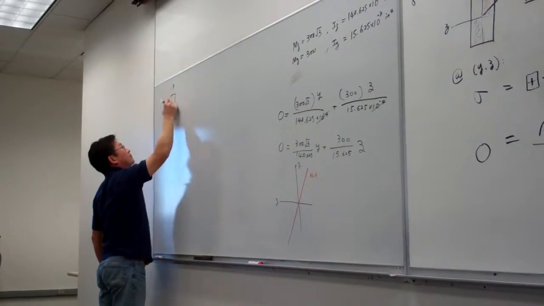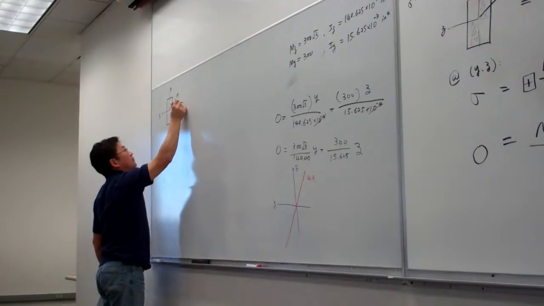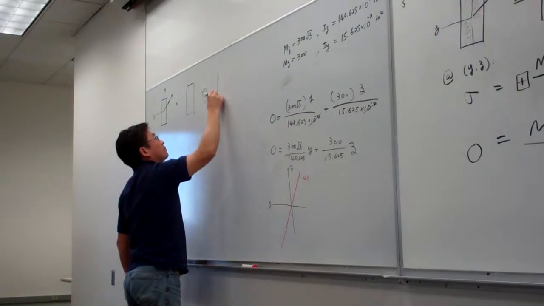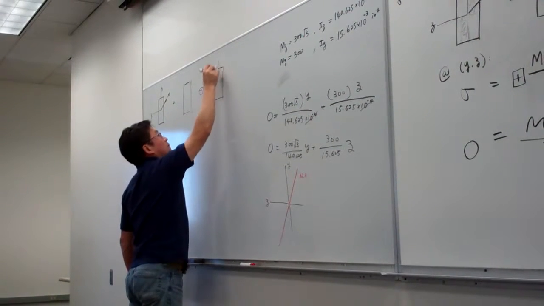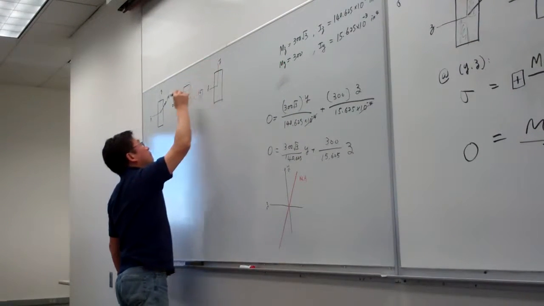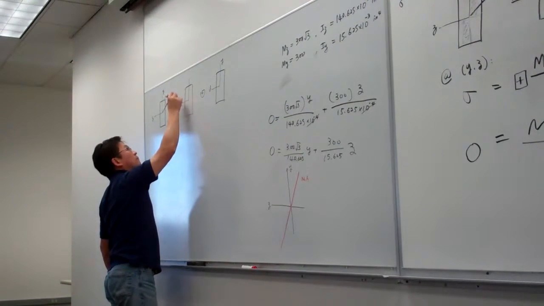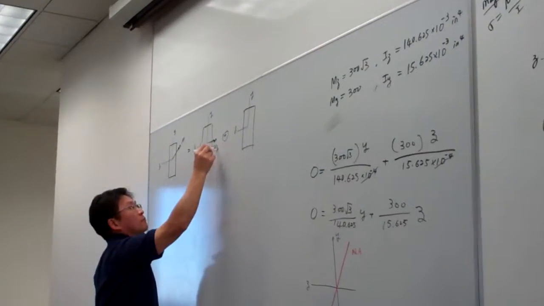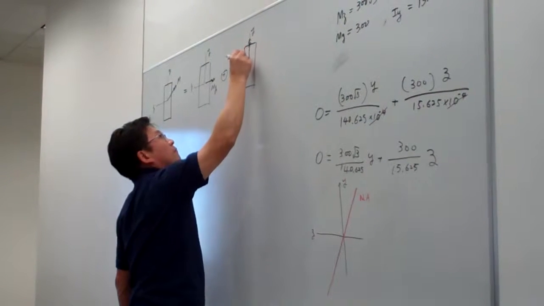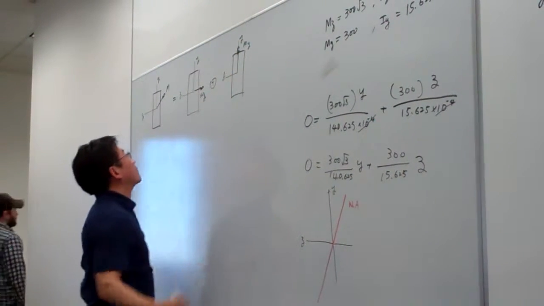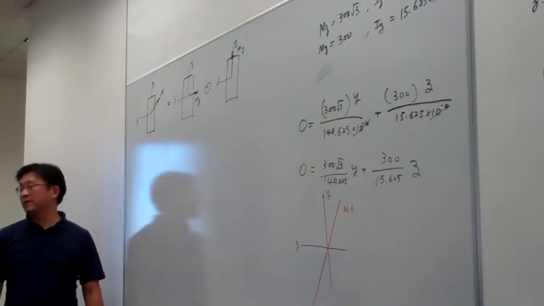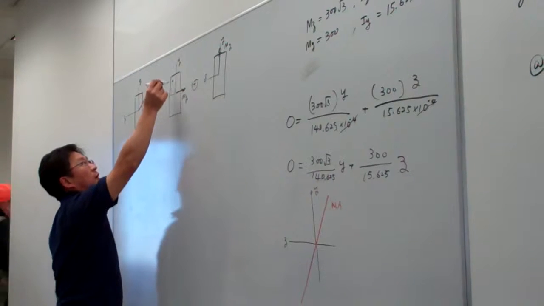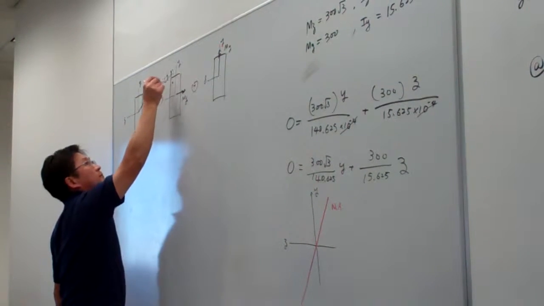So for example, we can pick the point here. This point has the coordinate y and z.